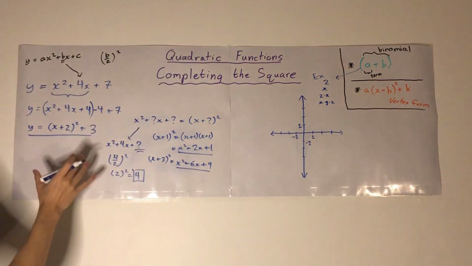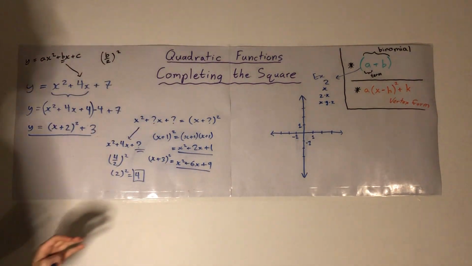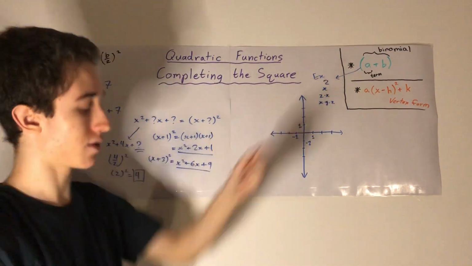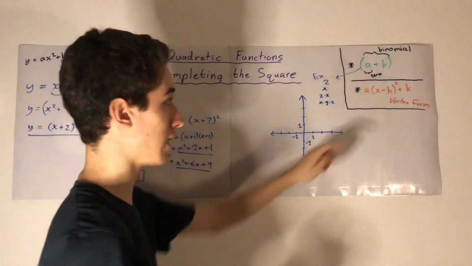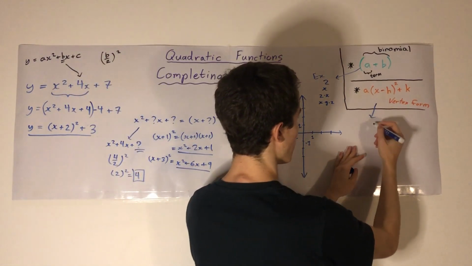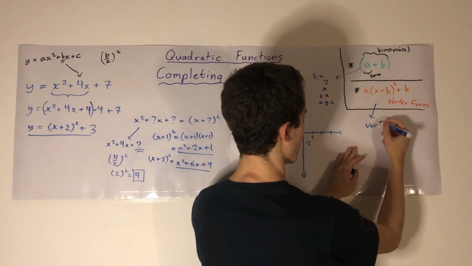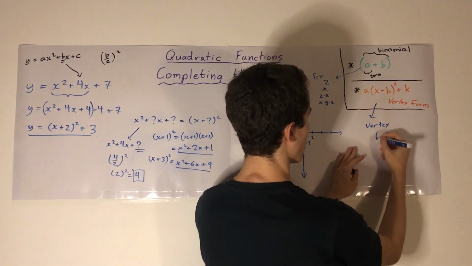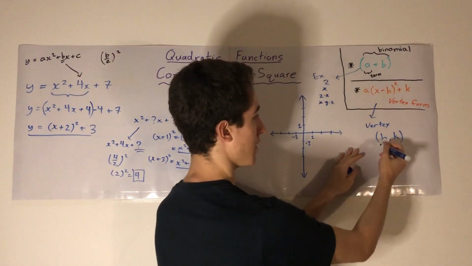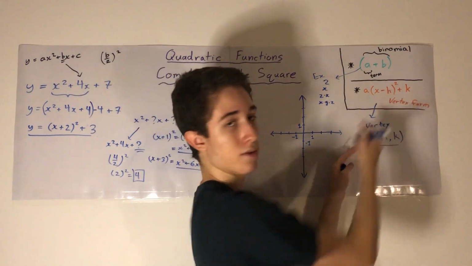Because in the end, we want to graph this function by finding our vertex. So we need to come back to that formula, and what we know based on this formula is that our vertex is at the coordinate h, k.